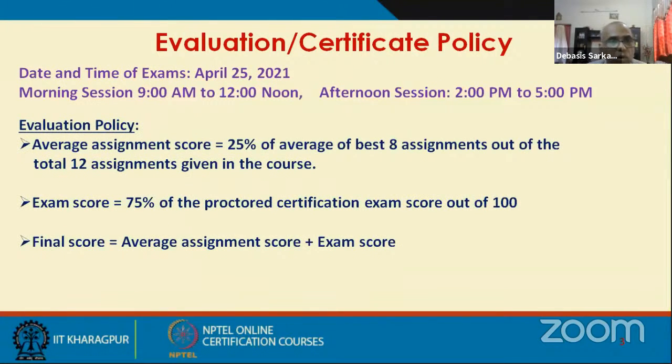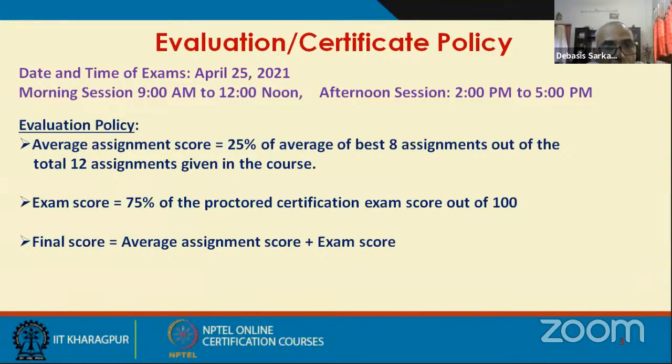Now, the evaluation policy is as follows. Your final score has 2 components. One component comes from your scores in assignments, and another component comes from your final exam.